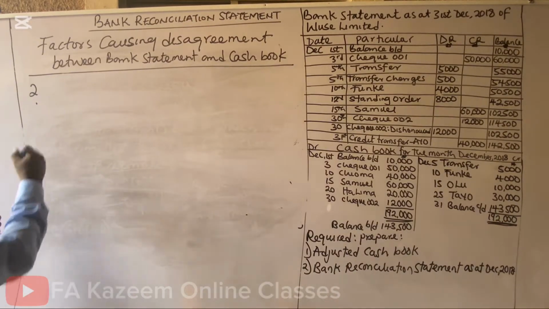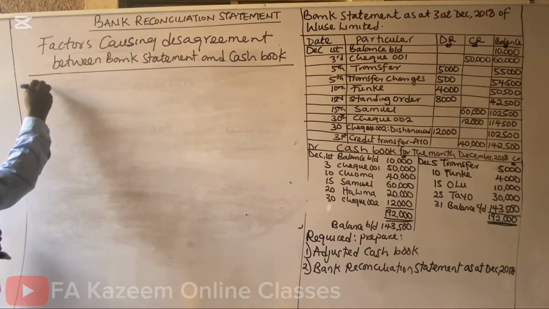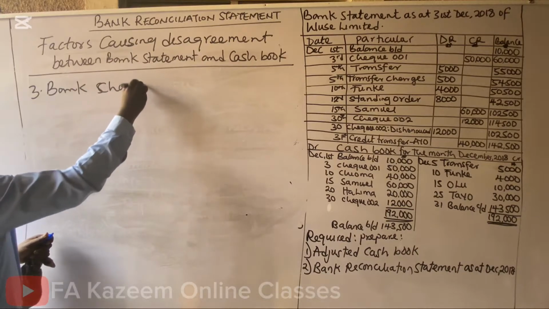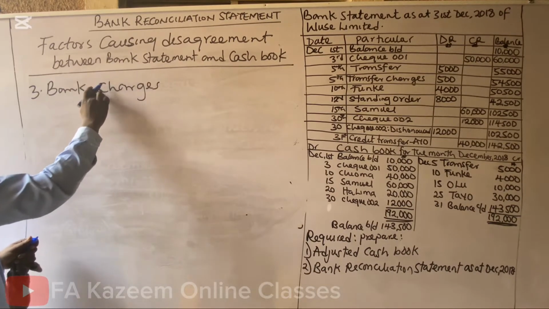We have the bank charges. That's number 3. What are bank charges?